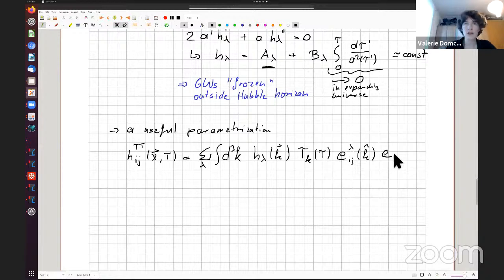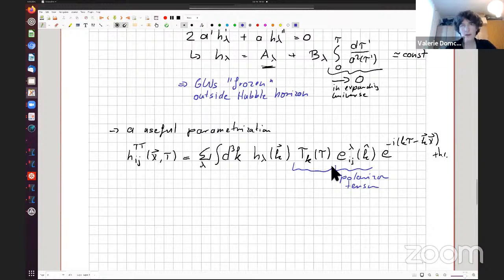And then I have the exponential function of the Fourier transform, e to the i(k tau minus k·x), plus Hermitian conjugate. So this guy was the polarization tensor. This guy is what we refer to as the transfer function.